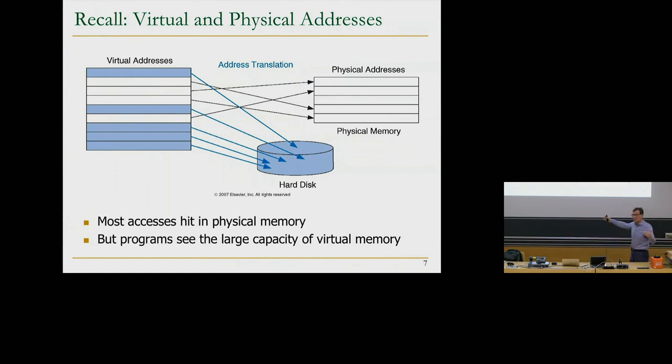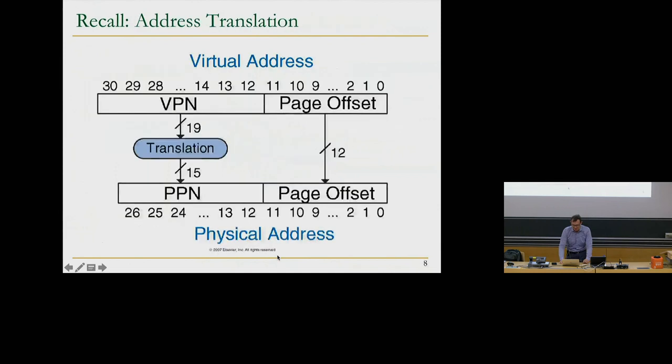That way, the illusion is that you also get the performance of having a very large physical memory. Existing operating systems and hardware try very hard to ensure that most accesses hit in the physical memory, and you don't have to go to the hard disk or SSD as much. The programmer doesn't need to worry about it, basically. The programmer assumes that they have the full virtual address space, very large capacity virtual memory.